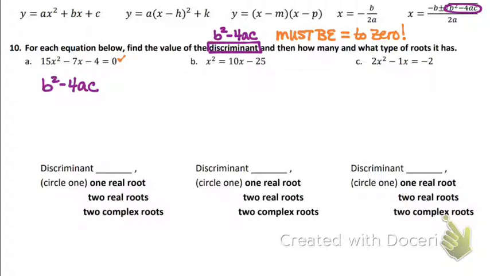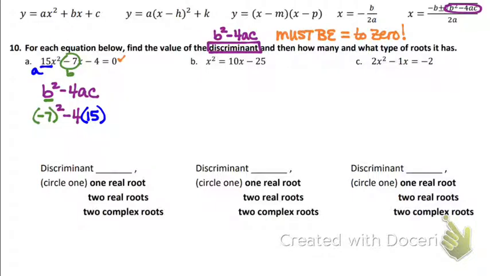What is our value for b? 7. Close. Negative 7. Here's b. So negative 7 squared minus 4 times, what are we going to put in for a? 15. What are we putting in for c? Negative 4.